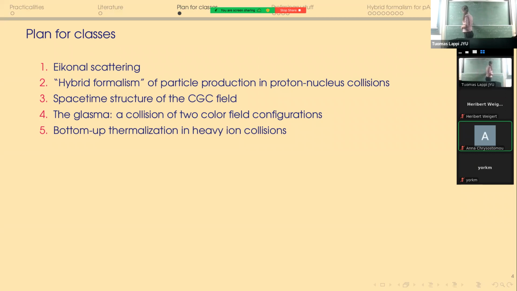d squared x perp, exponential of minus i q perp dot x perp. So you see what I'm doing. This is in coordinate space. I'm Fourier transforming to coordinate space, and then 1 minus exponential of i, integral from minus infinity to infinity of the field, dx plus, A minus, absolute value squared.